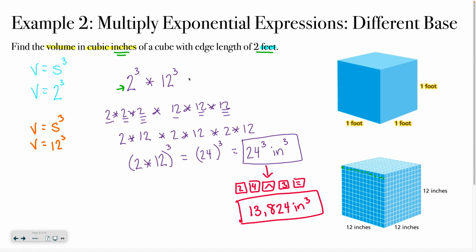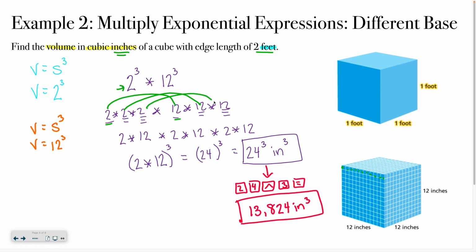So my answer is going to become a larger number. So I'm multiplying by, and I knew that I was splitting it into 12 pieces on each side. So I have 2 to the third times 12 to the third. And then when I did that, I noticed that I had pairs, right? For every 2, there was a 12.